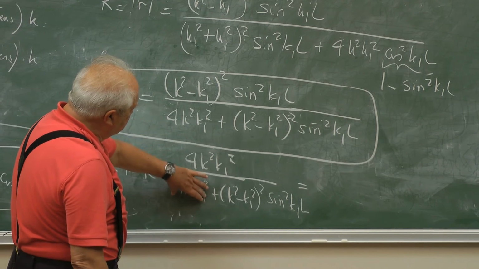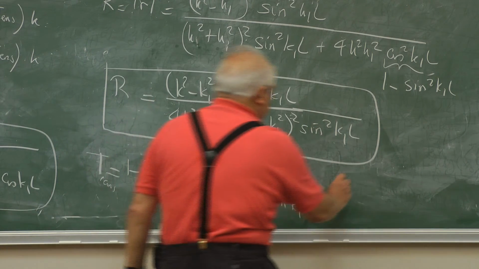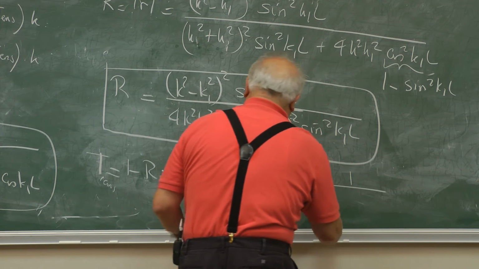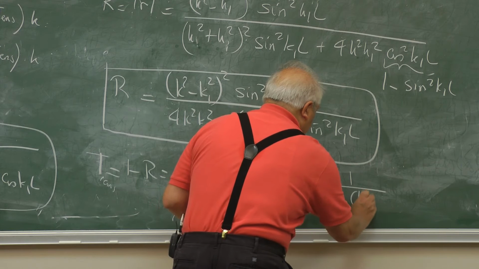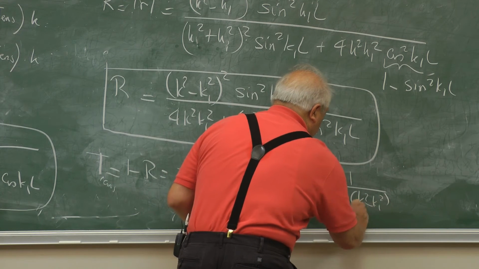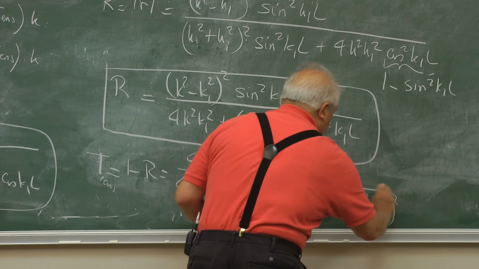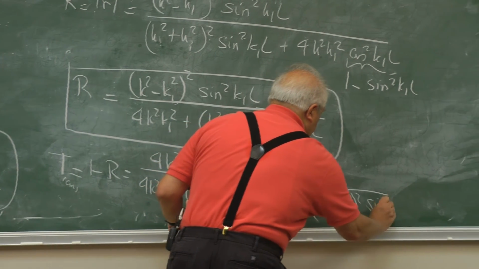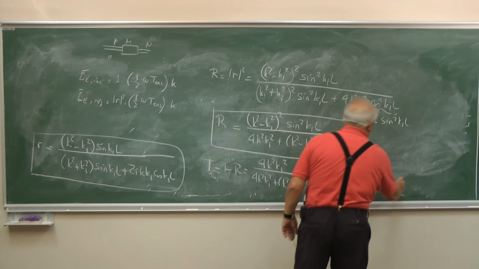Or I can divide this by the numerator, 1 over 1 plus k square minus k1 square over 2k k1 everybody square times sine square k1l. We are finished. That's the T.